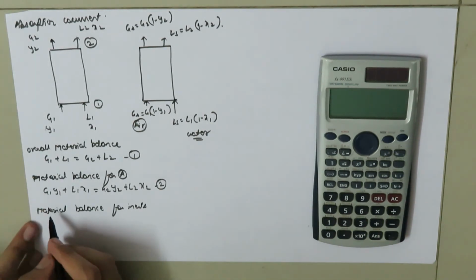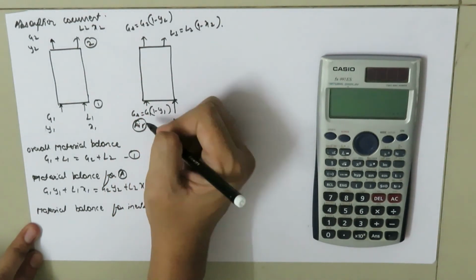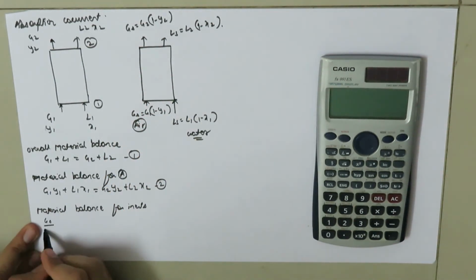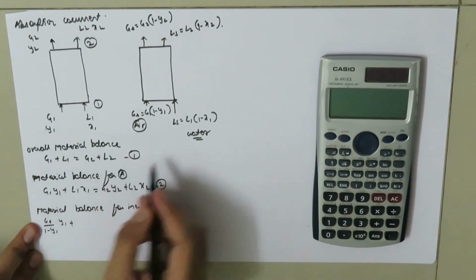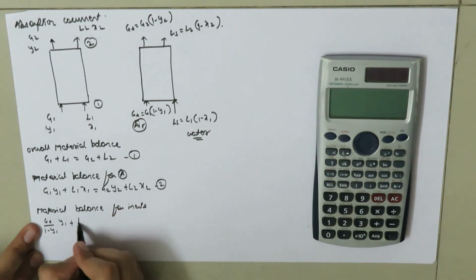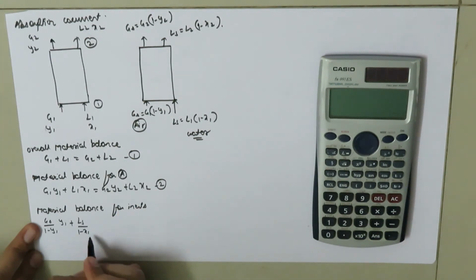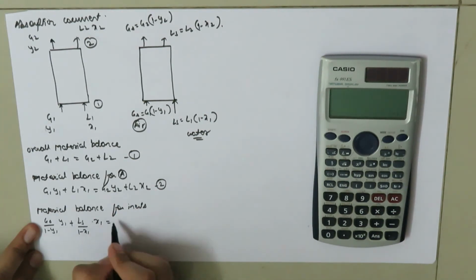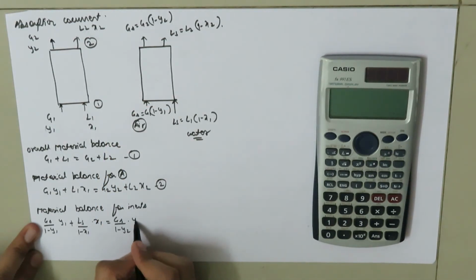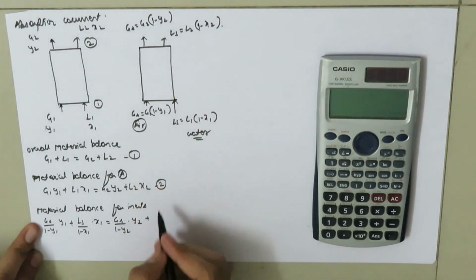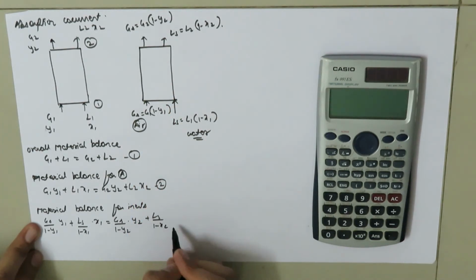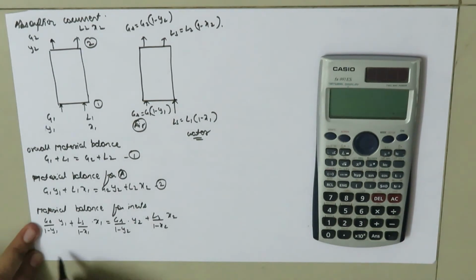So equation number 2 will become: G1 can be written as GS over 1 minus small y1 times small y1, plus L1 can be written as LS over 1 minus small x1 times x1, and G2 can be written as GS over 1 minus small y2 times y2, plus L2 can be written as LS over 1 minus small x2 times x2.